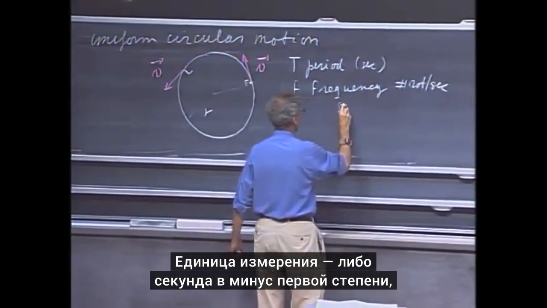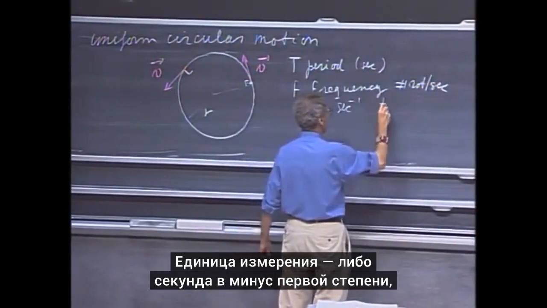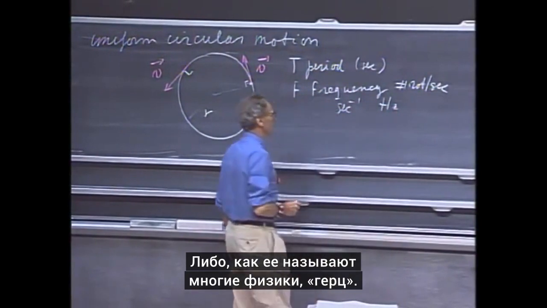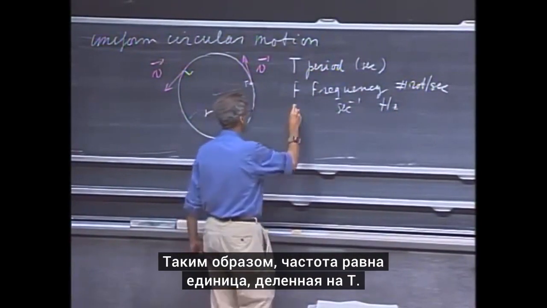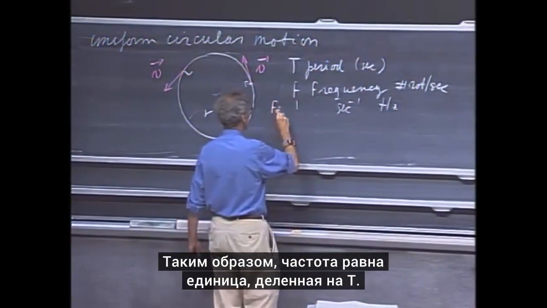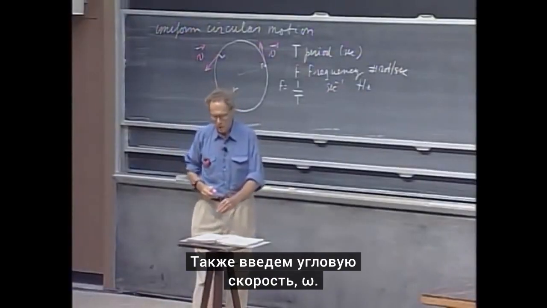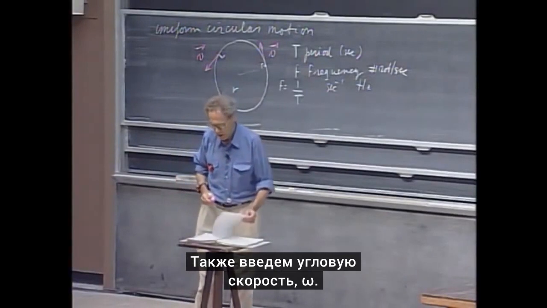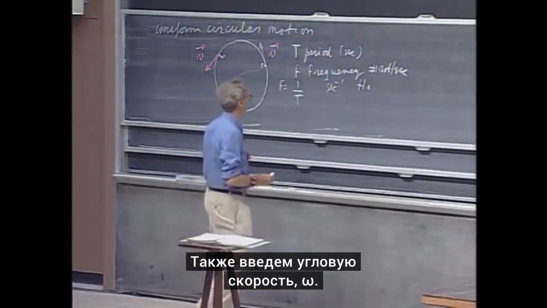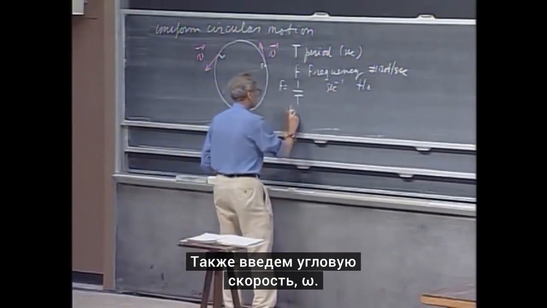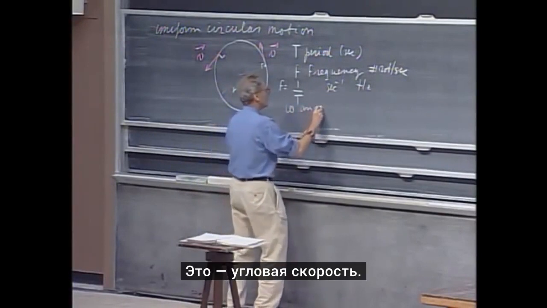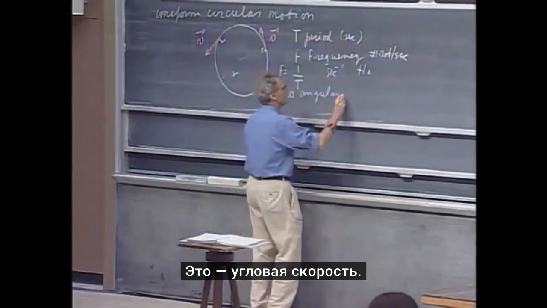And so the units are either second to the minus 1, or, as most physicists would call it, hertz. And so frequency is 1 divided by T. We also introduce angular velocity, omega.